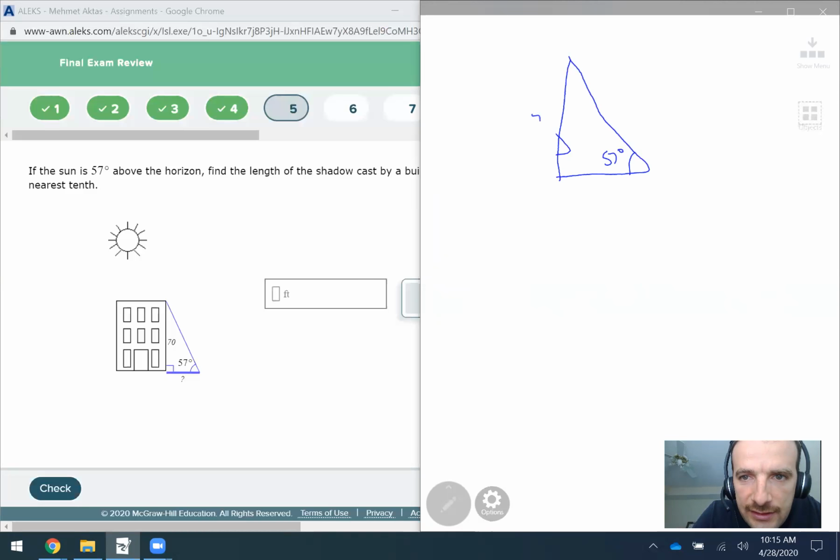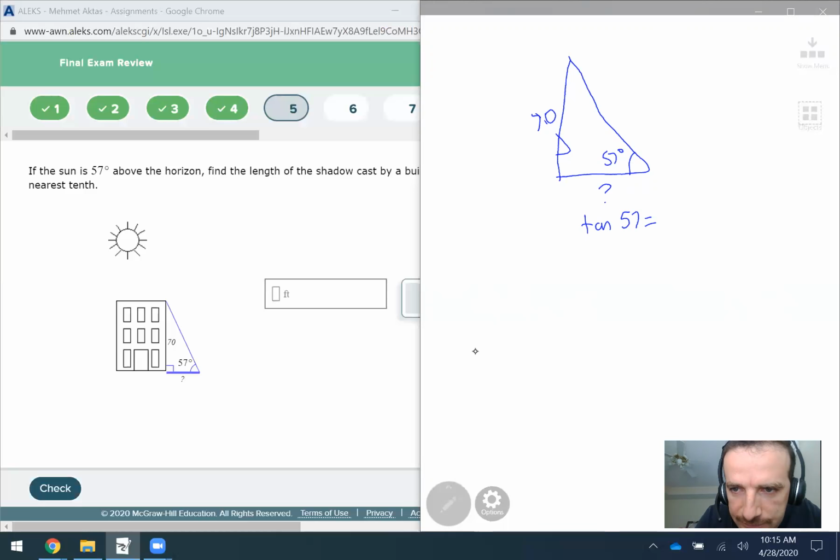This is 70, right? And I need to find this distance. Which trigonometric function should I use here? I know the opposite and I need the adjacent, so I can use tangent, right? So tangent 57 is equal to opposite over adjacent.